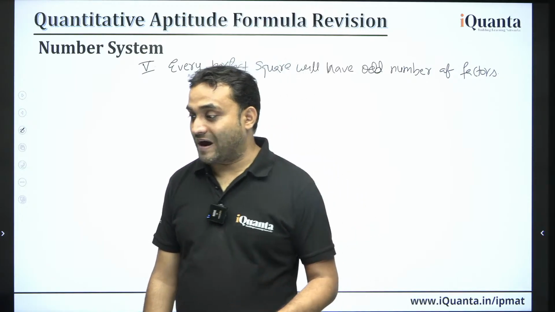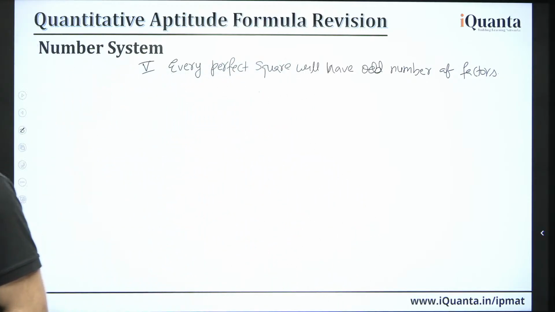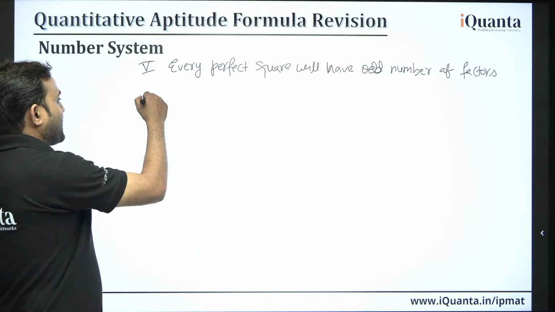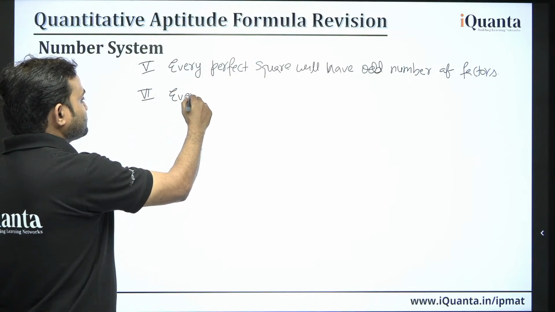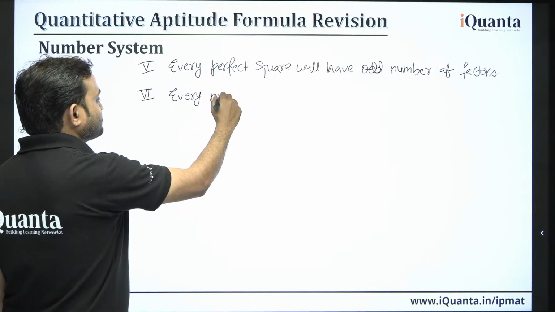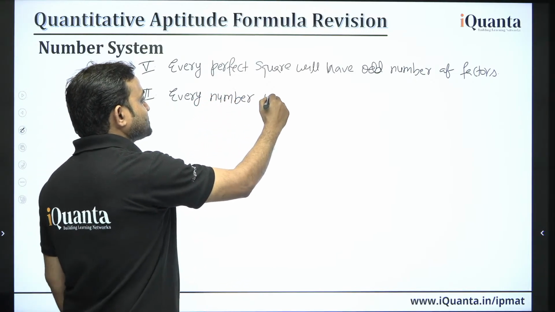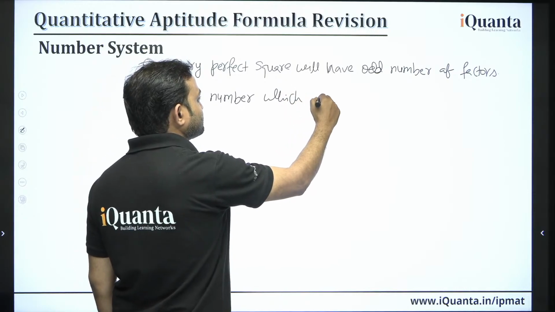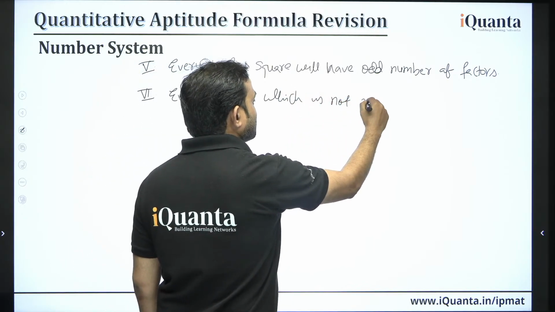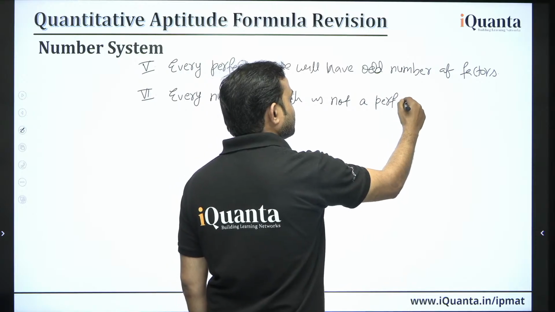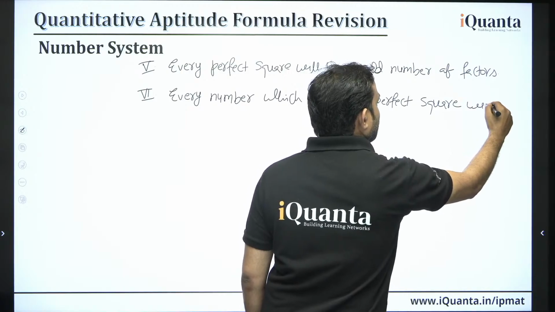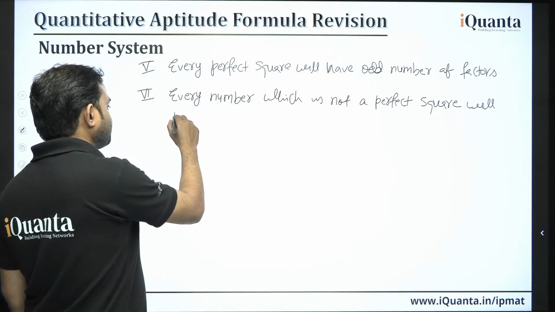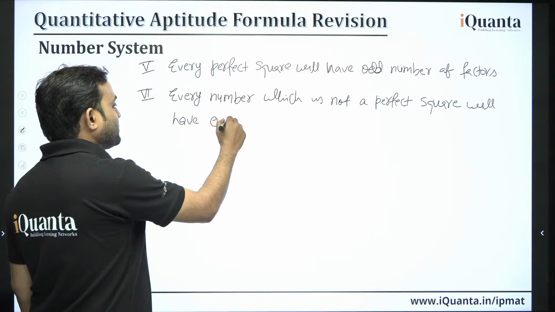So the number of factors any perfect square has is odd, and the opposite of that, every number which is not a perfect square will have an even number of factors.